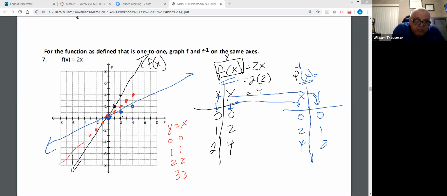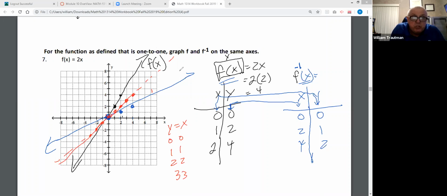Here's the graph. Let me draw it as a dotted line. And do you see, if I drew this correctly, a little messy, but this is the graph of f and f inverse for the one-to-one function as defined.